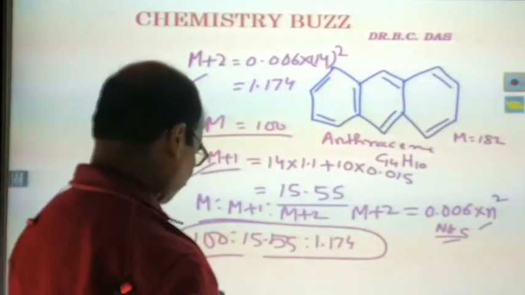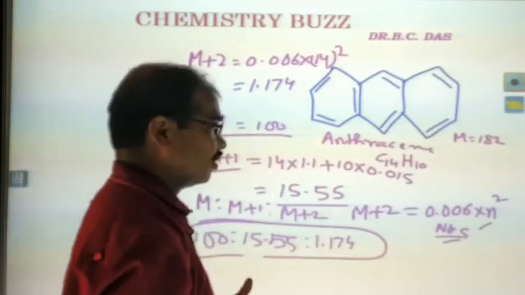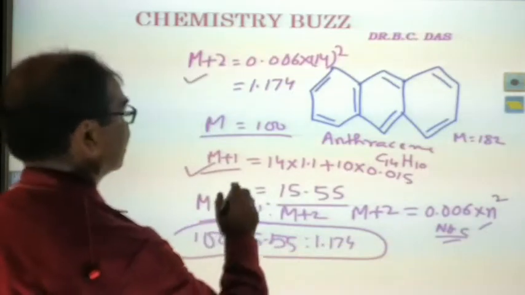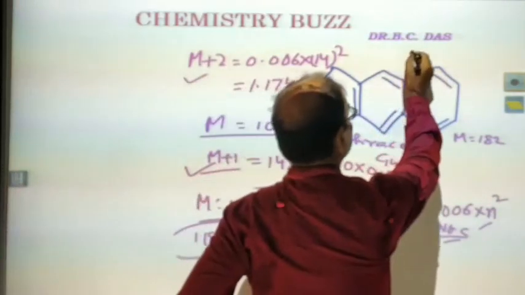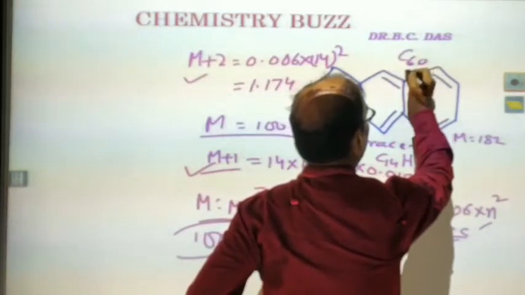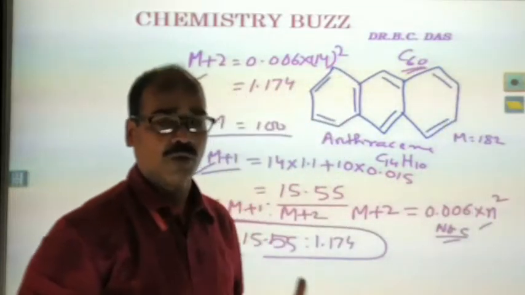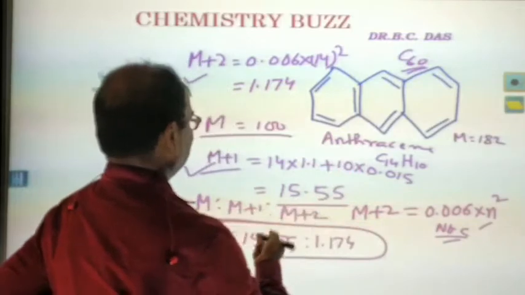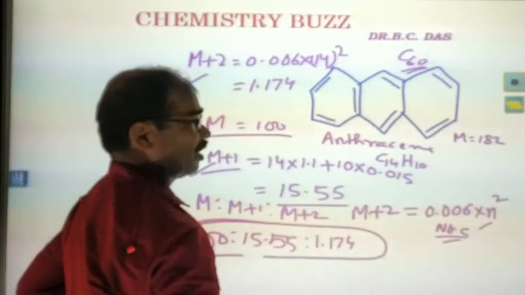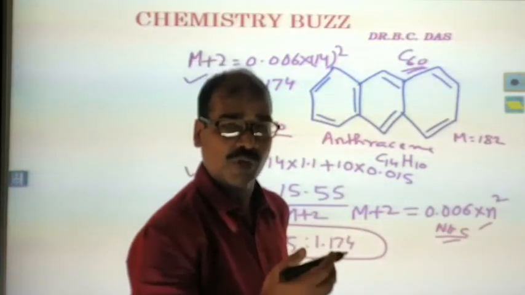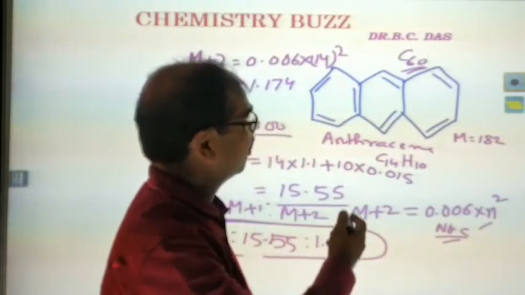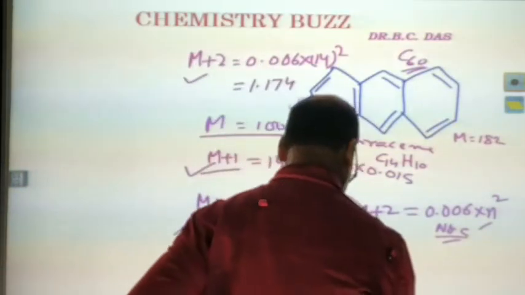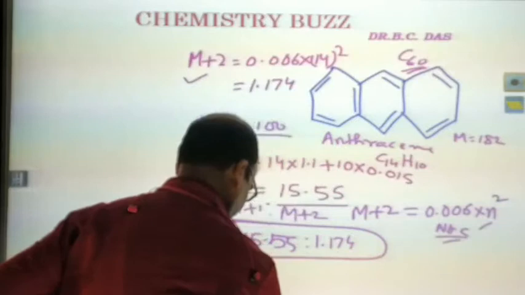Now suppose C60. It is the allotropic form of carbon, fullerene. So we can calculate the M, M plus 1 and M plus 2 for this.